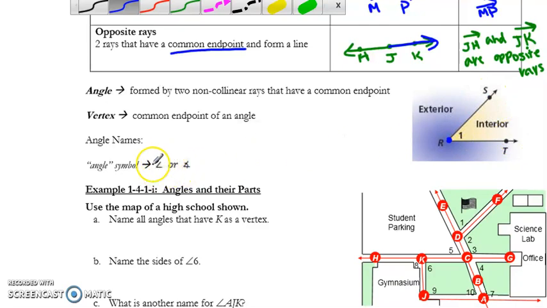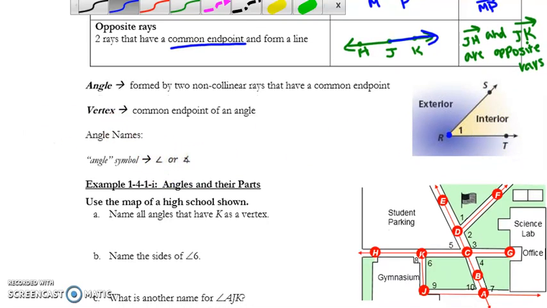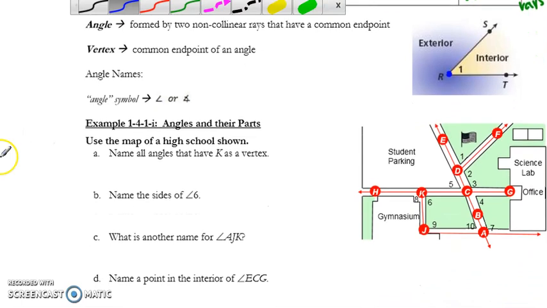And we use this angle symbol in front of it to let us know that it is an angle. So that's very important that we use this angle symbol in front of our naming. So we could name this angle SRT, or angle 1, or angle TRS if we wanted to go this direction, but R is always in the middle because it's our vertex.